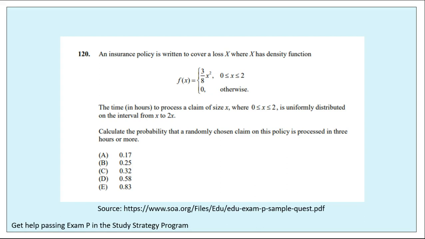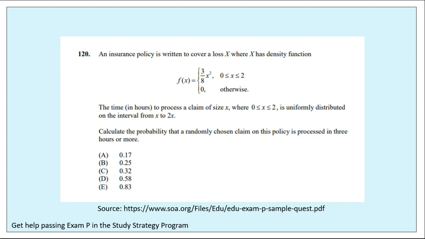Okay, so like the question suggests, we're going to use the variable x to represent the loss, and I've decided to use the variable y to represent the time to process a claim of size x. So x is always going to be between 0 and 2, and y will always be between x and 2x.